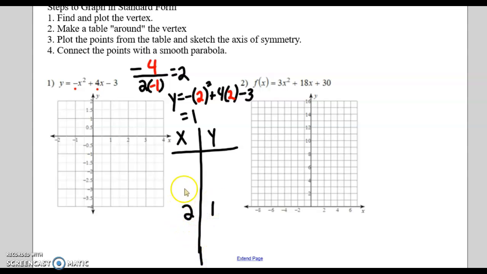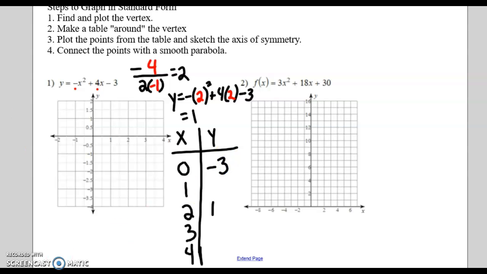I'm going to build a table around that vertex. I'm just going to pick 2 points below and 2 points above. And I'm going to plug those x values into the original to figure out the y. So if I put 0 in for these x's, that's going to be 0 plus 0 minus 3, so that's negative 3.